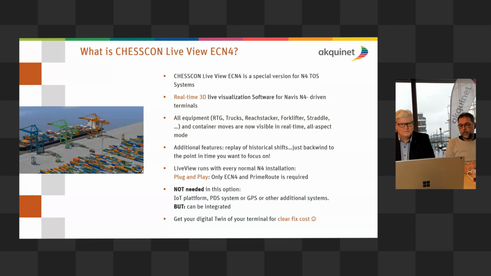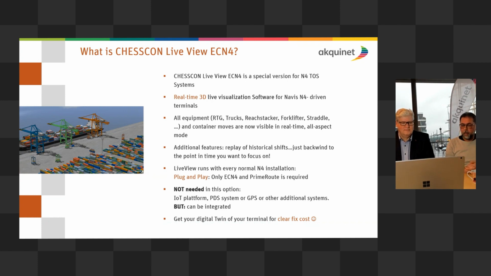So then it's very easy to replay something. The main thing here in Live View ECN4 is that you only need the normal N4 system and not more. So here you have a plug and play system.